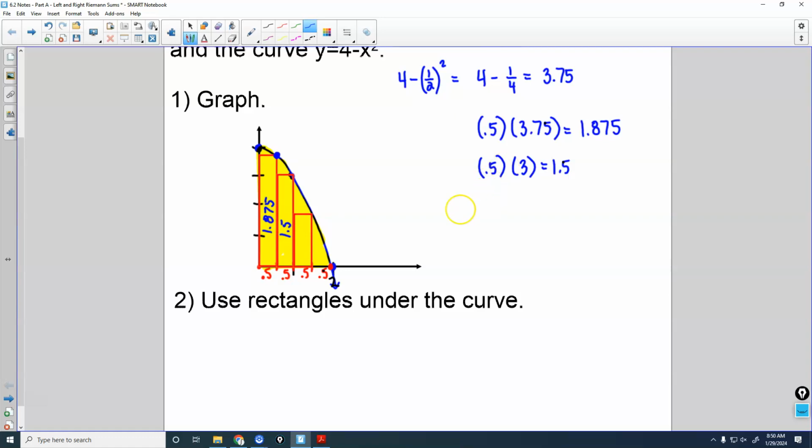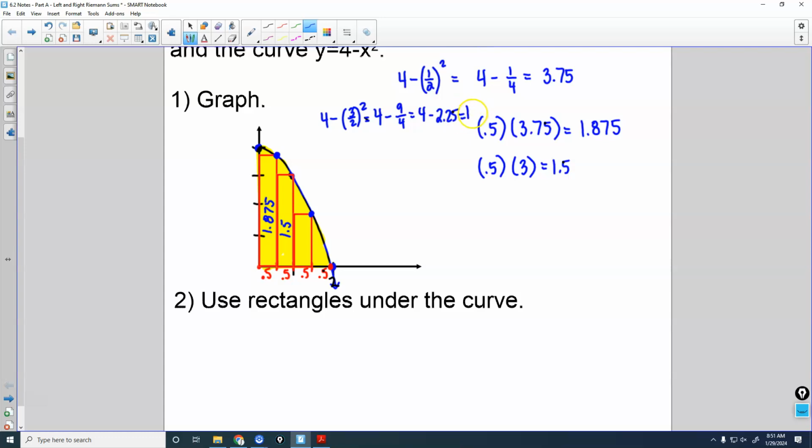And then if I do the next one, I do not know the height of this one. I can't tell it from the graph. What do I need to do to find the height of that rectangle? If I plug in 1.5, so 4 minus 3/2 squared, I'm going to get 4 minus 9/4, which is 4 minus 2.25.